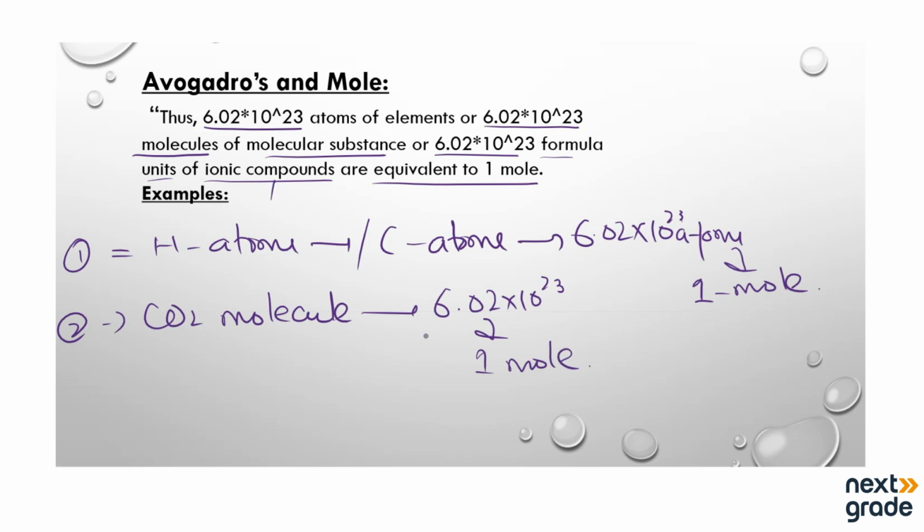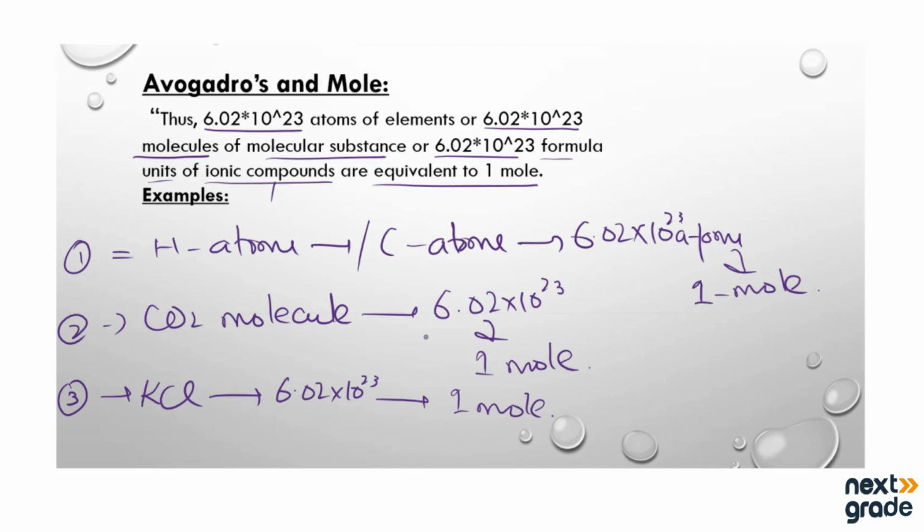And for ionic compounds, for example potassium chloride, if the total formula units present are 6.02 × 10^23, it is equal to 1 mole of the substance. So this is the simple relationship between the mole and Avogadro's number. We can also take other examples like potassium bromide, potassium fluoride, and so on.